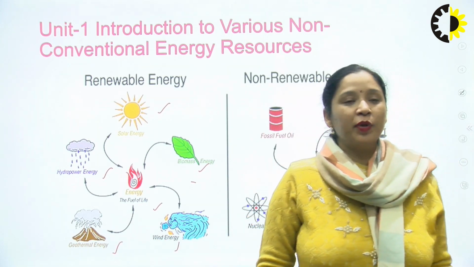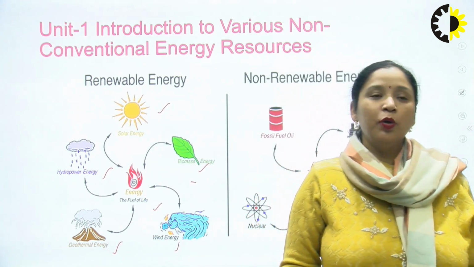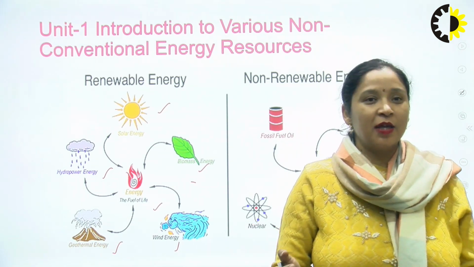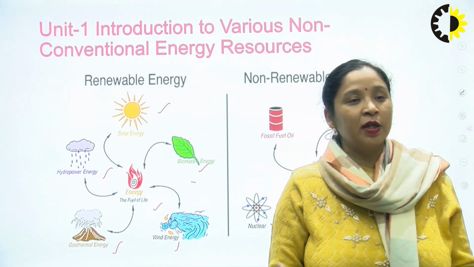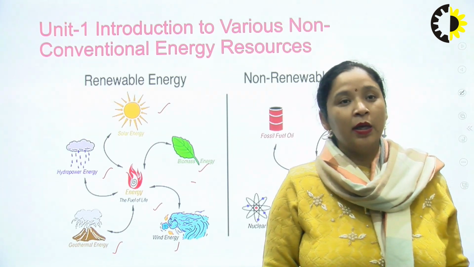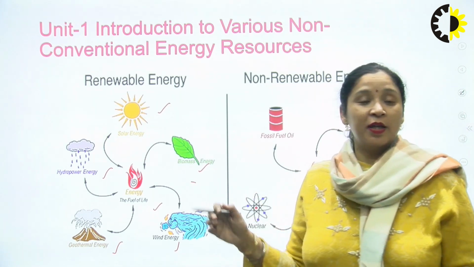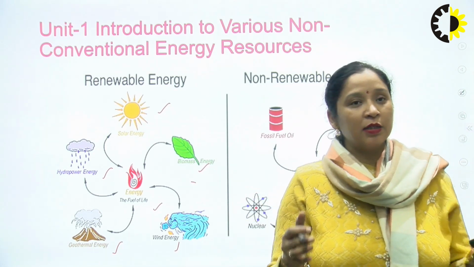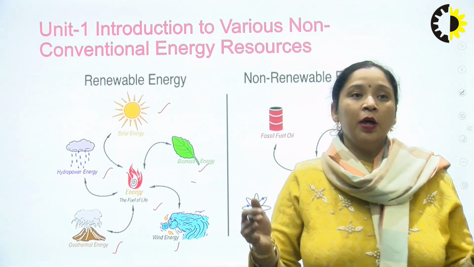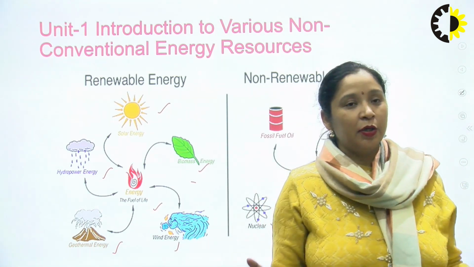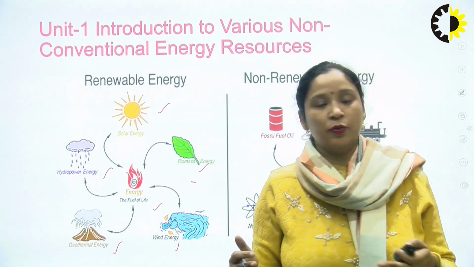But we don't know where they are being used. We only knew about solar energy because the government is giving subsidized solar panels to everyone all over the country. But there are other resources which can create a large amount of power. So this topic will give you a brief introduction about all these resources.